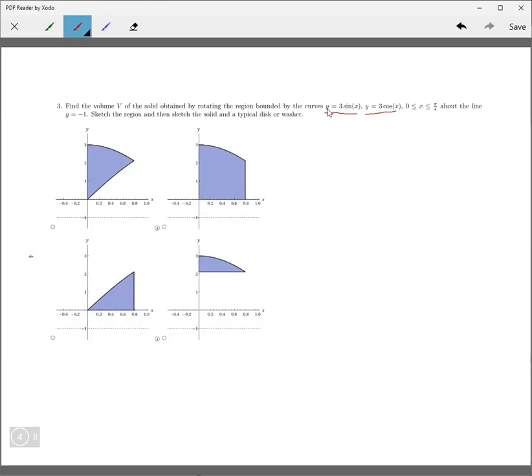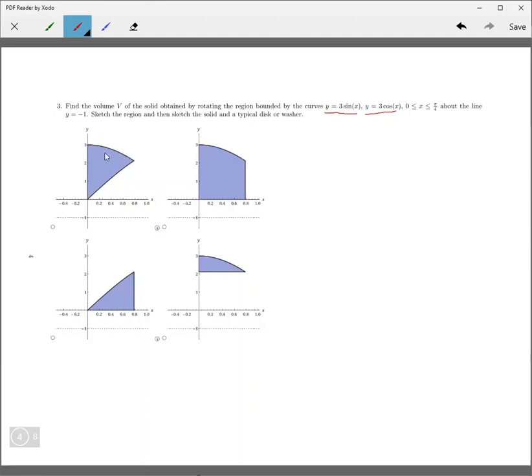Okay, so sine x starts at the origin and goes up, right? So that could be 3 sine x. None of those can be, so throw those out. And then cosine x starts up here at 3 and comes down.